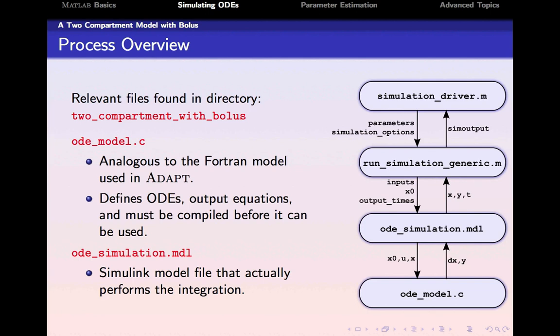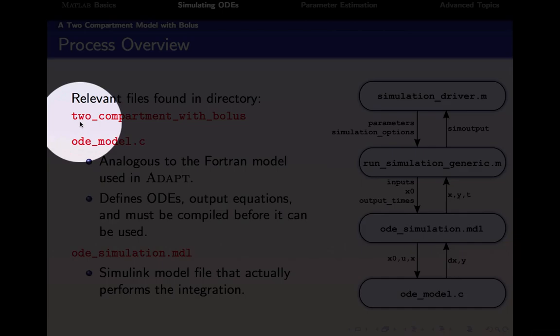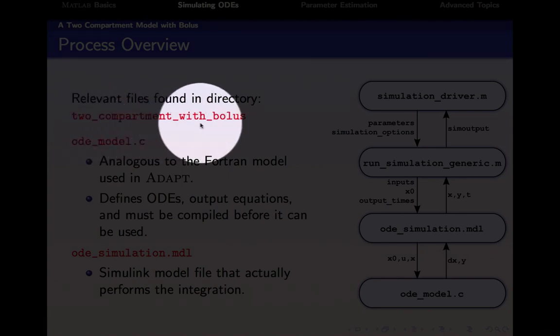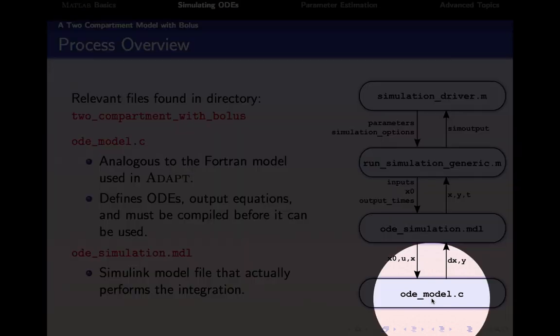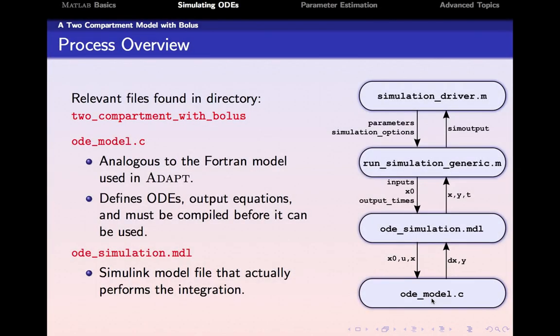If we start at the bottom and work our way up, all of these files are located in the examples directory, and they're under the two-compartment with bolus directory. If we begin with the file ode_model.c, this is a C file, so it's written in C, and this is analogous to the .4 file that you may be accustomed to if you've used ADAPT.